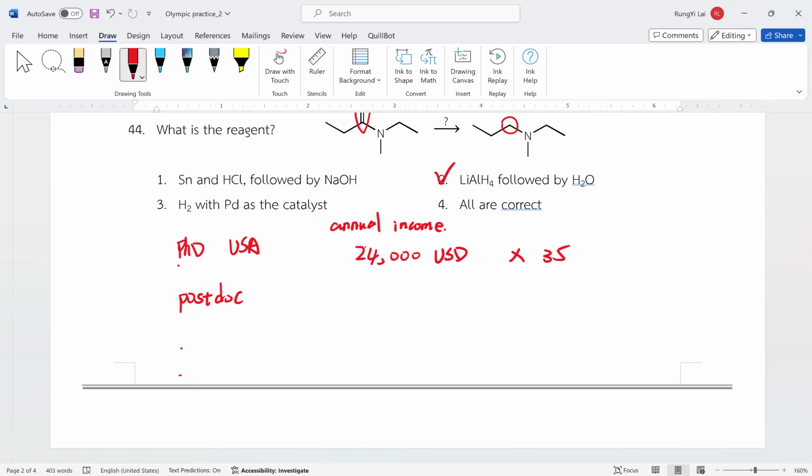It's about 48,000 USD. When I was in the US, before I became an adjunct, every year I got this amount of money. This is very low. In the US, this means you are very, very poor. This is the lowest wage.